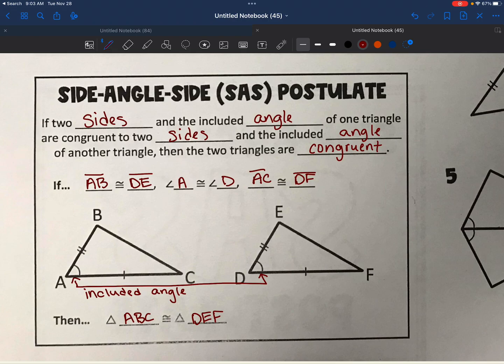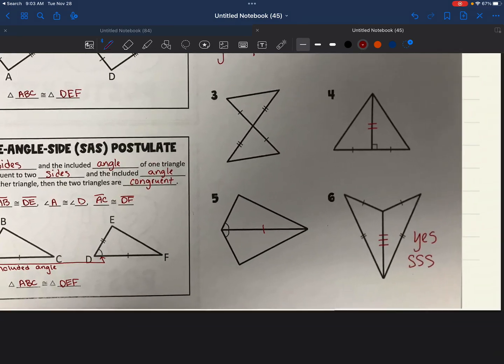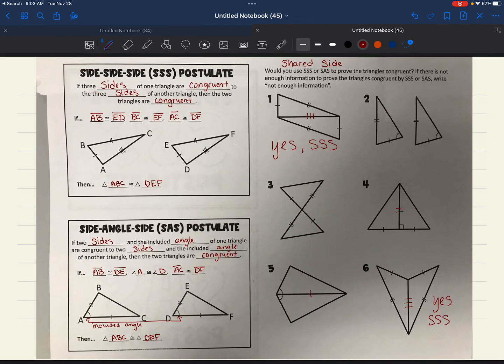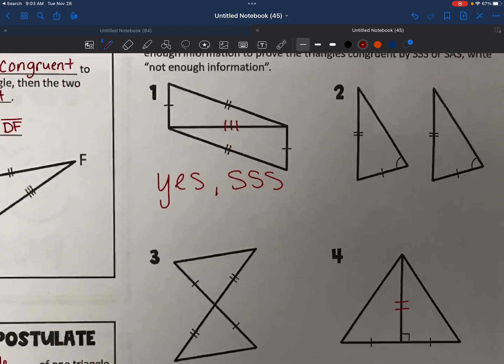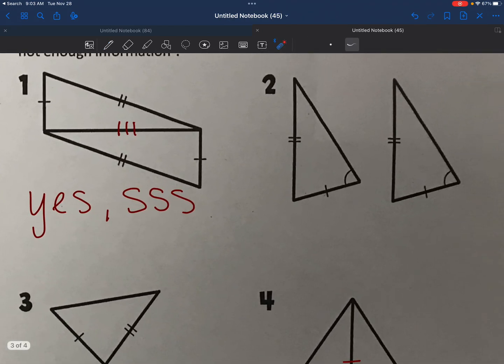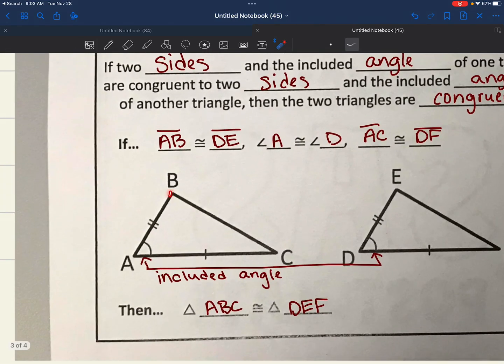Okay, so now that we've talked about that one, let's look at the problems on the right. Can anyone tell me if any of those fall under the category of side angle side? Okay, let's look at 2. I do have two sides and an angle, but remember I talked about where that angle has to be located.